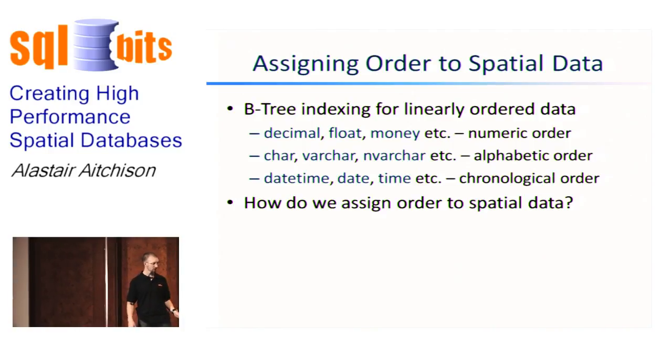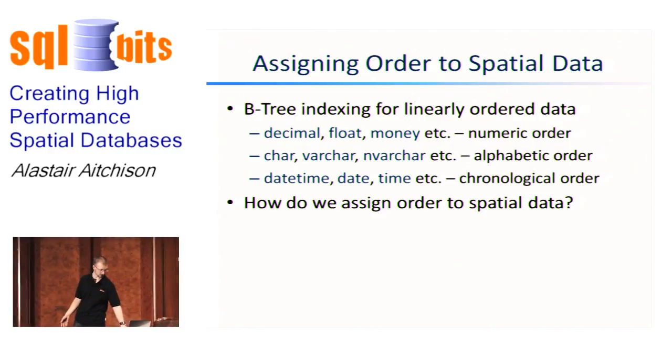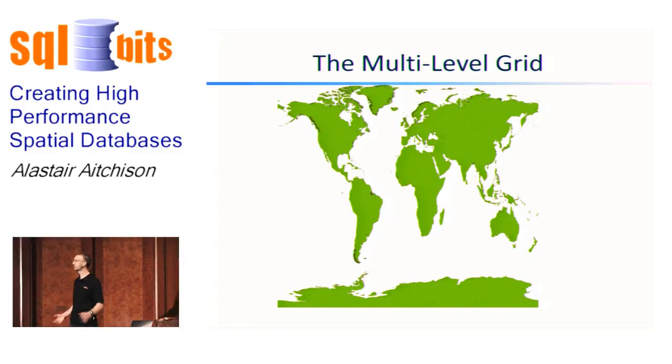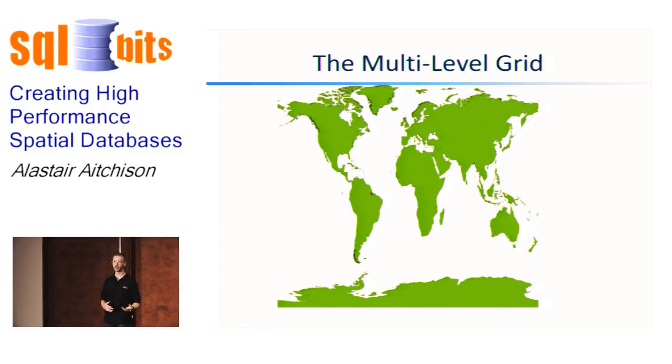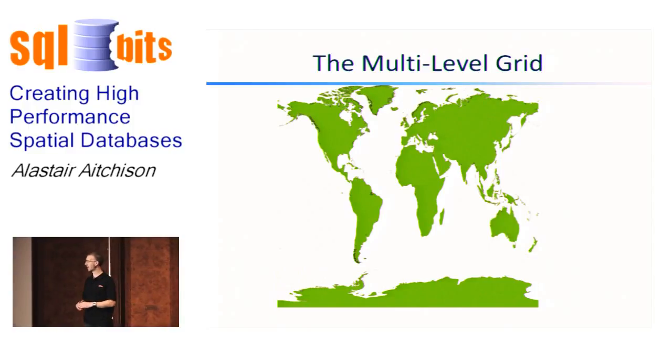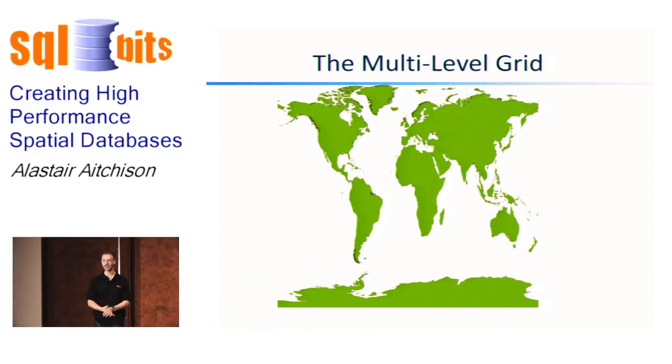Well, the answer, or at least the solution used by SQL Server, is to use a grid system. And it uses, in fact, a multi-level grid system. It's got 4 levels of grid. And in this slide, we're going to step through how that index is constructed, okay?